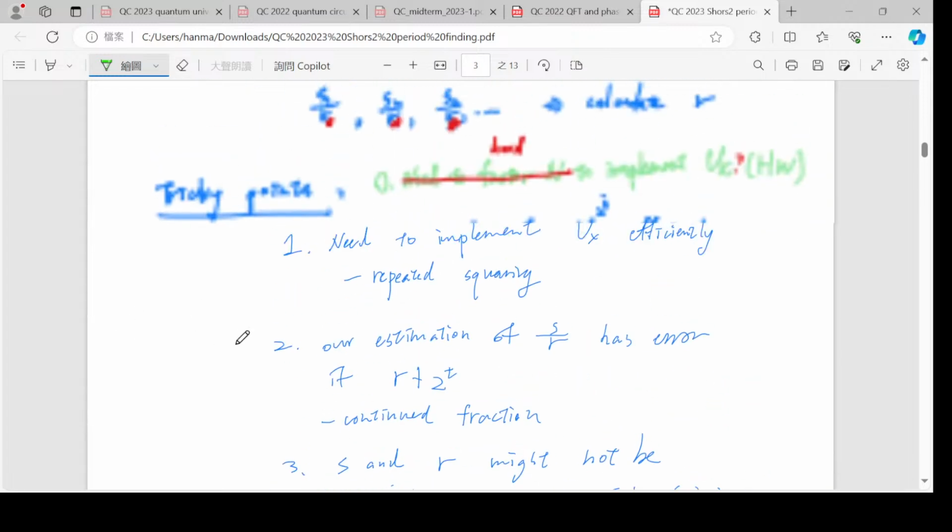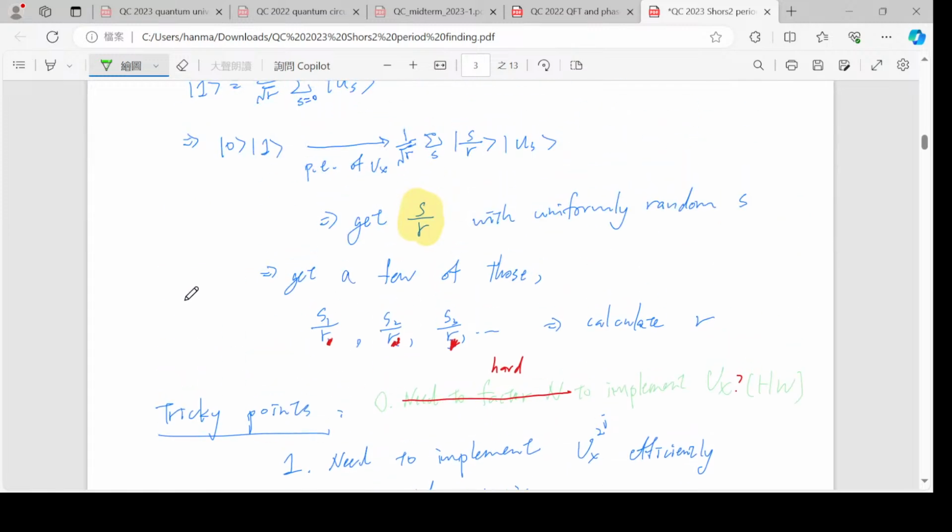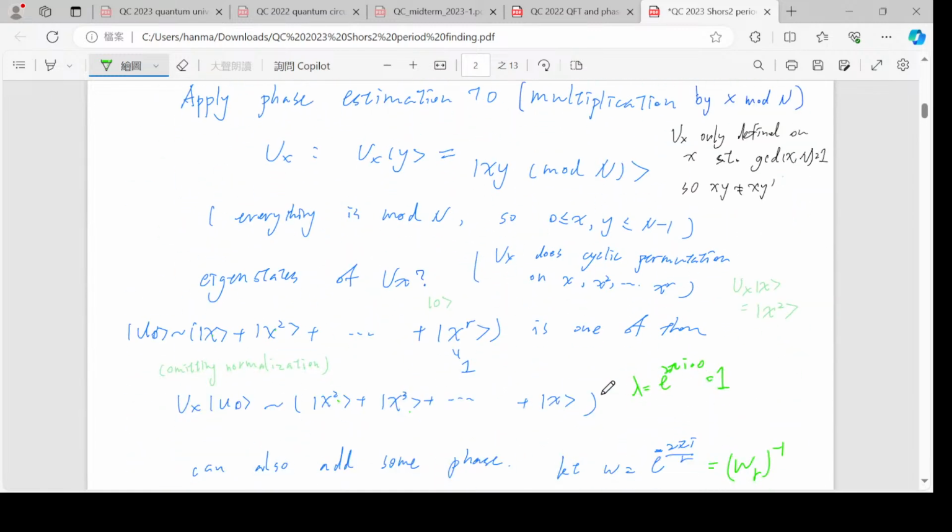Okay, and so let's go over some tricky points here. So, I'm a little not sure right now, but I think it can be hard to implement U_x without actually knowing r here. And that's kind of because we are doing this in a reversible way.